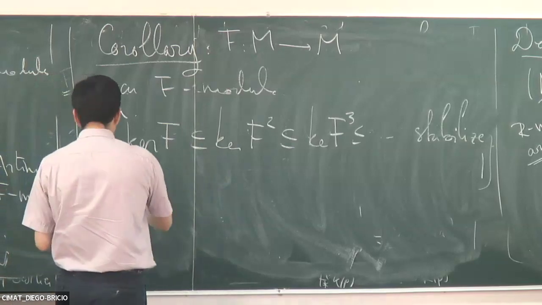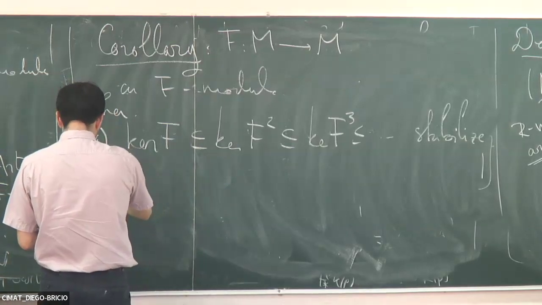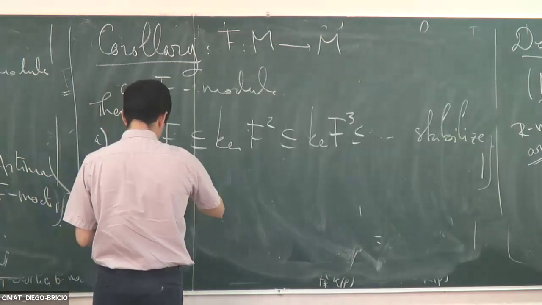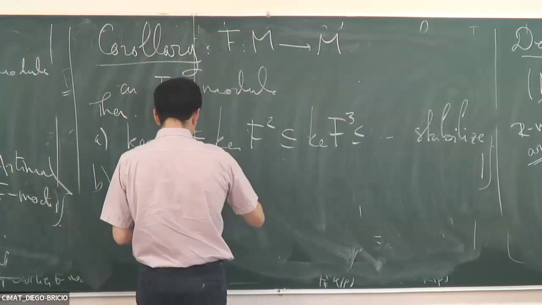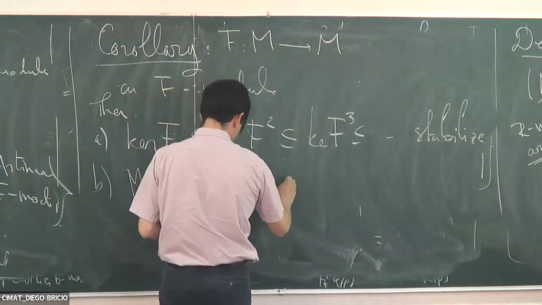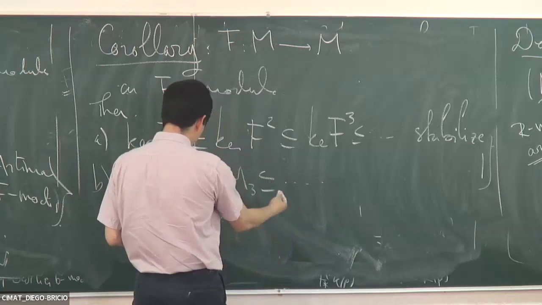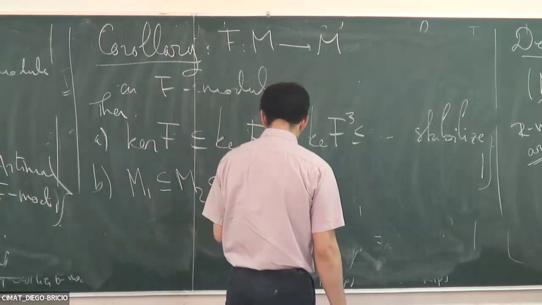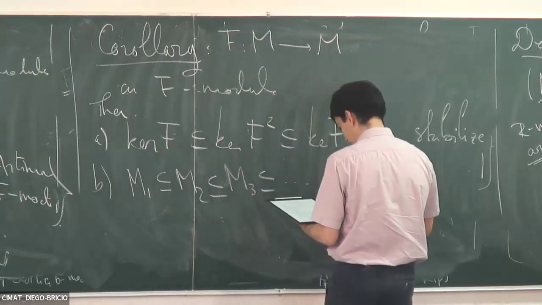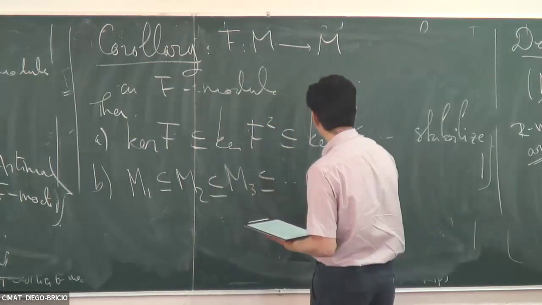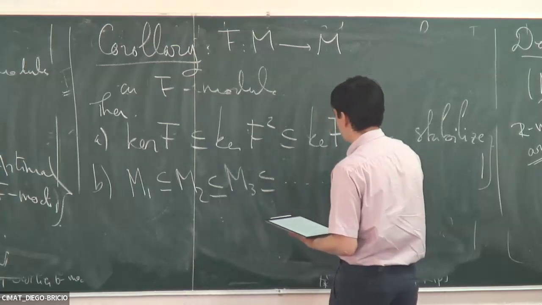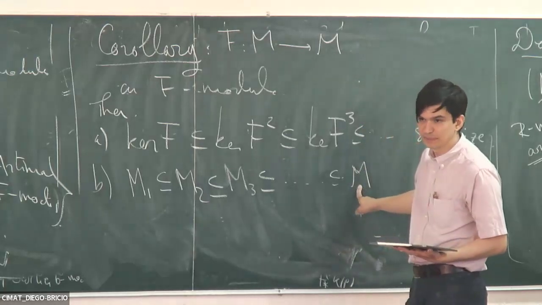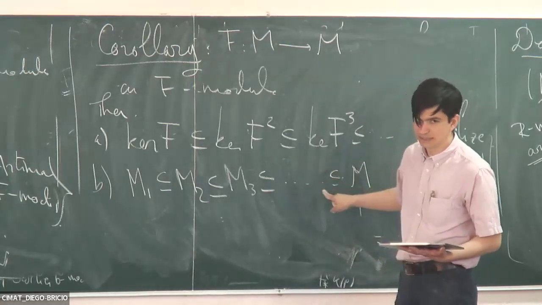Okay, so you have this. If you have any sequence in general of F submodules, well, this lives inside M. M has no reason to be Noetherian, so you cannot say that this stabilizes.